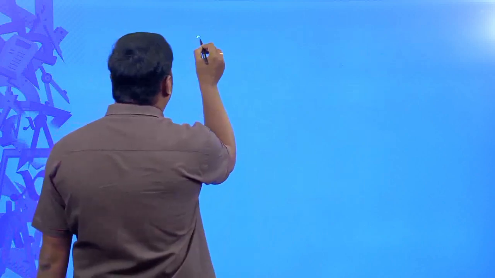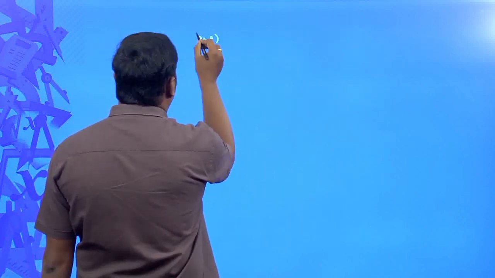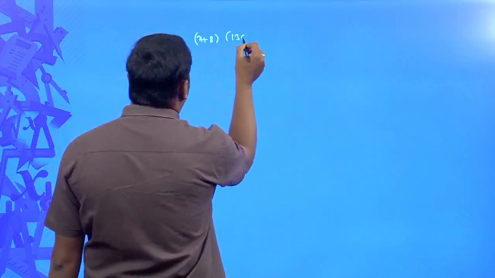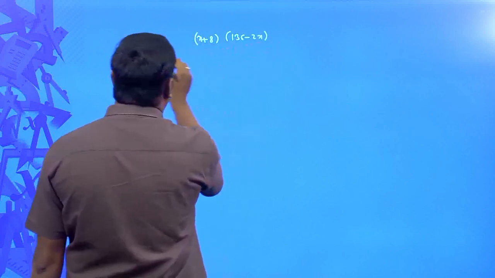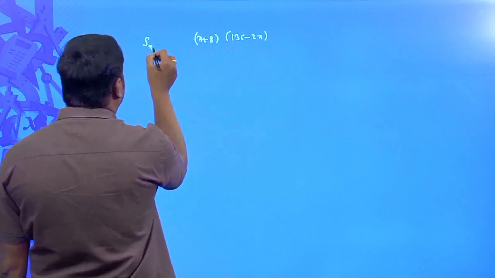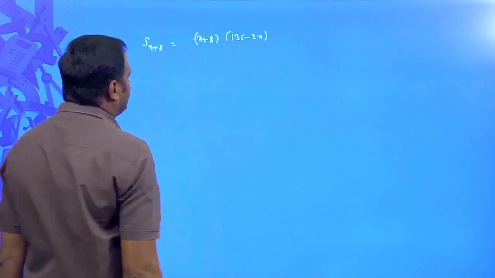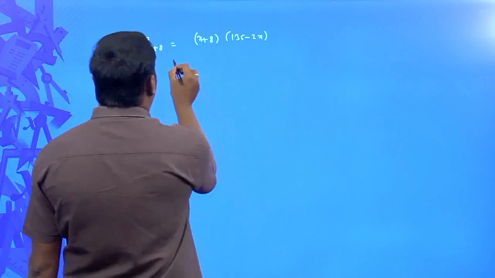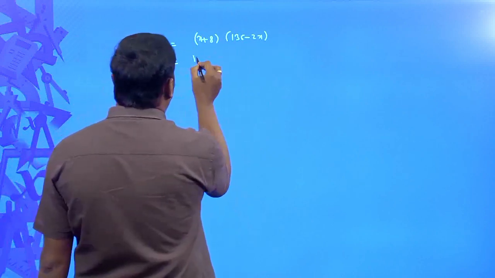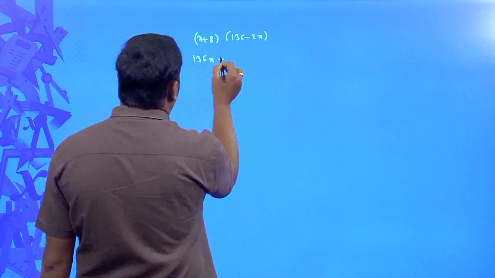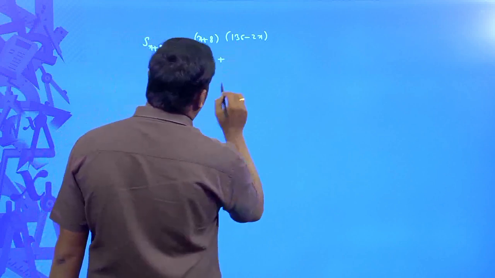(x+8)(136 − 2x), this is the sum of x+8 terms. See here, when you multiply both of them, you get 136 times x, which is 136x, plus 8 into 136.